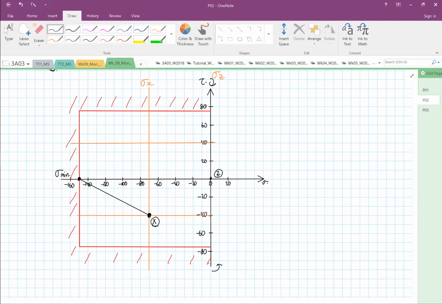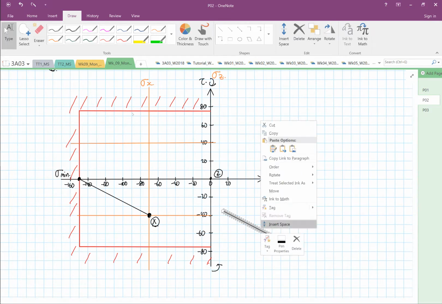One possibility is we are going to use the rules of the circle. What do you mean by rules of the circle? Any point that is on the circumference of the circle will intersect the other end of the diameter at 90 degrees.